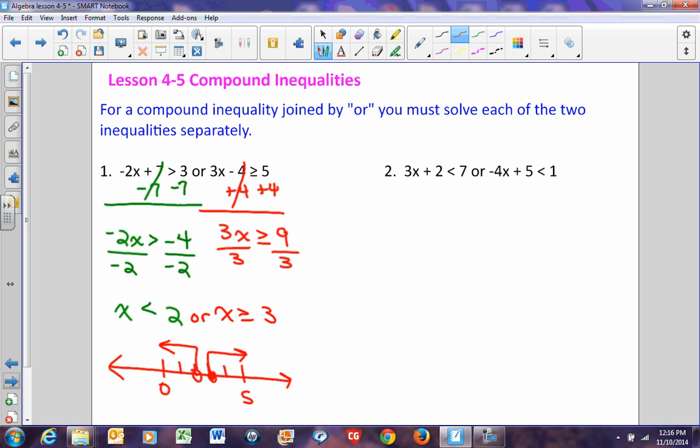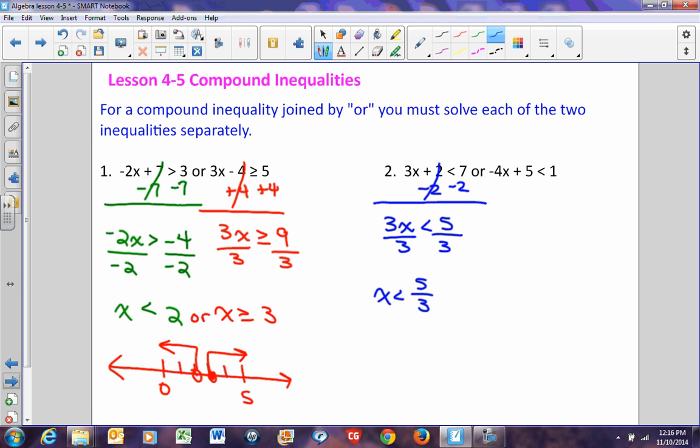3x plus 2 is less than 7, or negative 4x plus 5 is less than 1. Again, solve each inequality separately, so I'll subtract 2 here, subtract 2 here. I get 3x, these 2's cancel out, is less than 7 minus 2 is 5. Divide by 3. X is less than 5/3. You can change that to a mixed number if you would prefer.